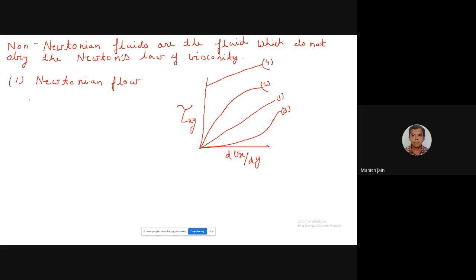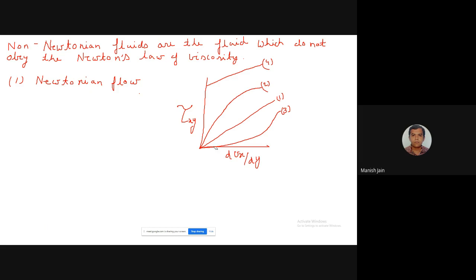When the shear rate, that is dvx by dy, does not affect the viscosity, or rather, the viscosity does not depend upon the shear rate.